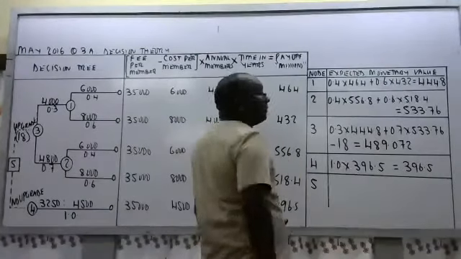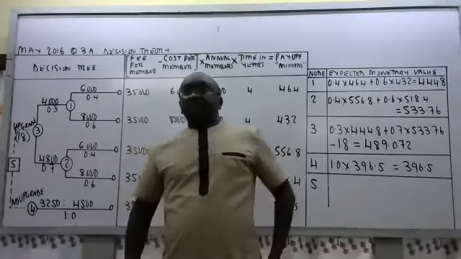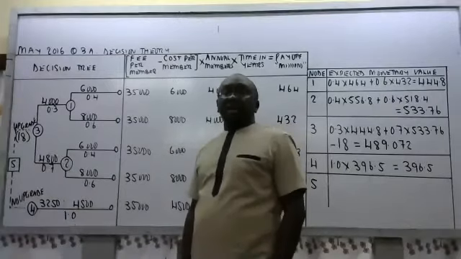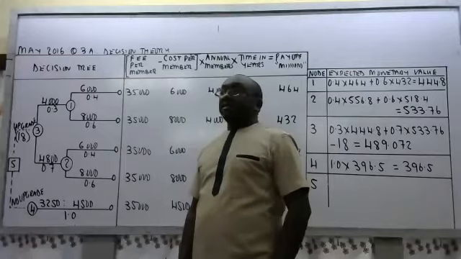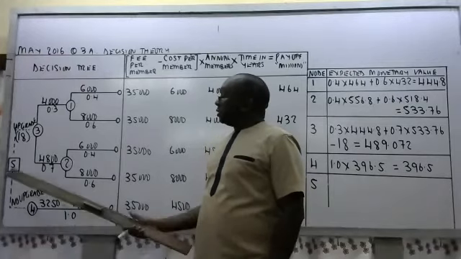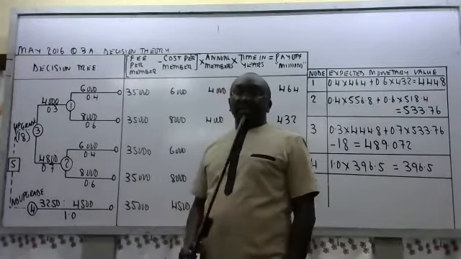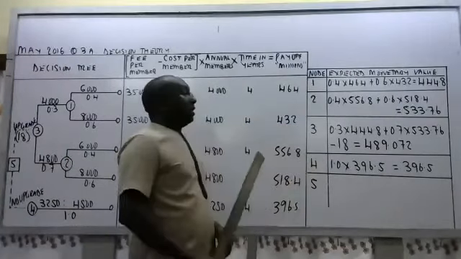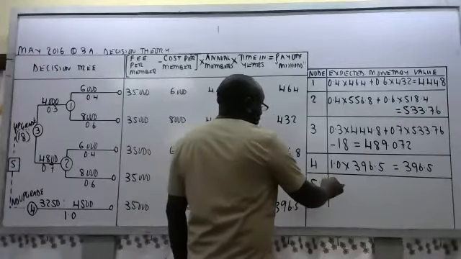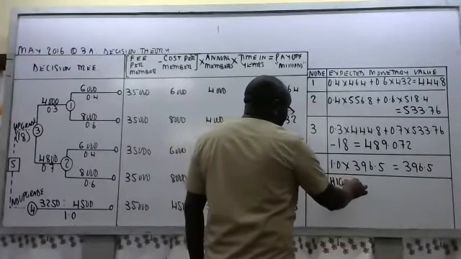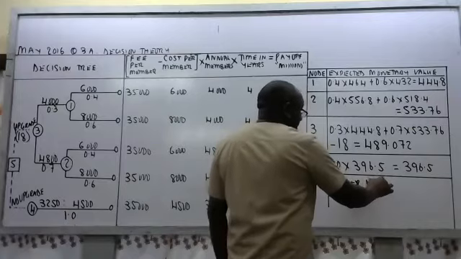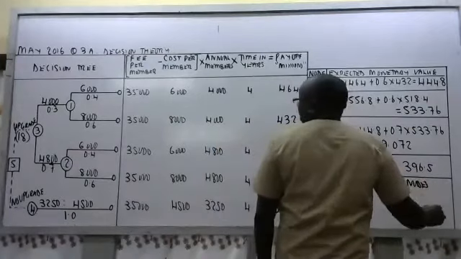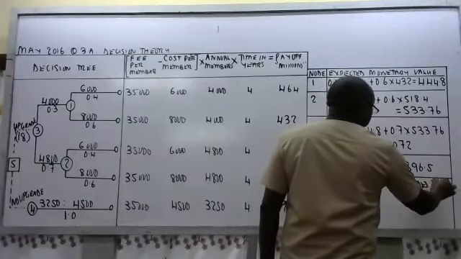When you get to number 5, you can see the lines coming out of that are incomplete. So what you do, you select, and because there are 2 of them, you go for the higher EMV at nodes 3 and 4.